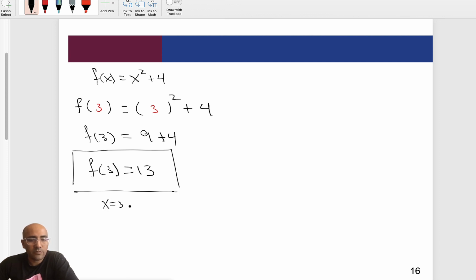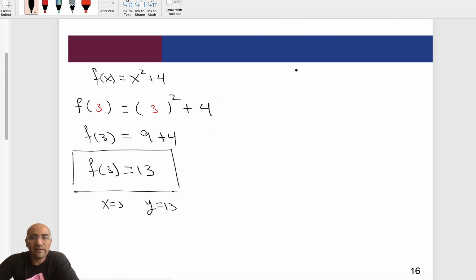X equals 3, y equals 13. That's the nice thing about this notation, it allows me to preserve what the input was and what the output is, because they're related to each other. The answer is 13 when the input is 3. Good.